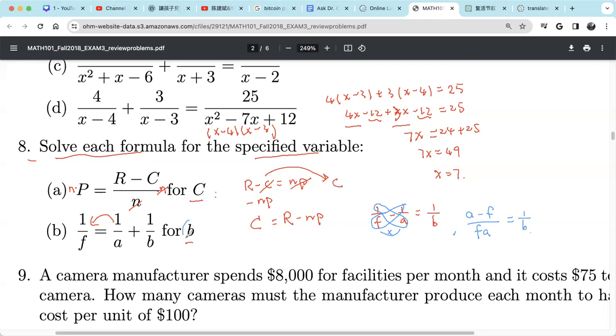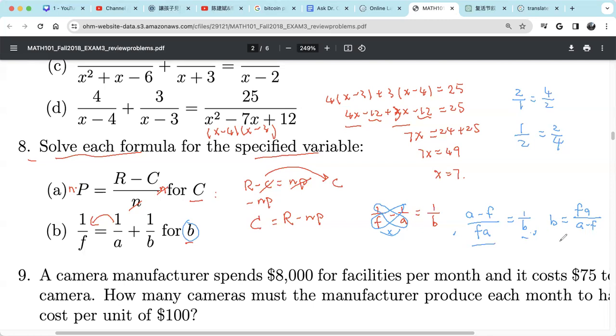But I'm solving for B, so I can flip the numerator and denominator, right? The example is like this: half equals 2 over 4. If I flip this, 2 over 1 equals 4 over 2, because it's an equation. So if I flip this, I get B equals FA divided by A minus F. Here FA is the denominator, B is the denominator.